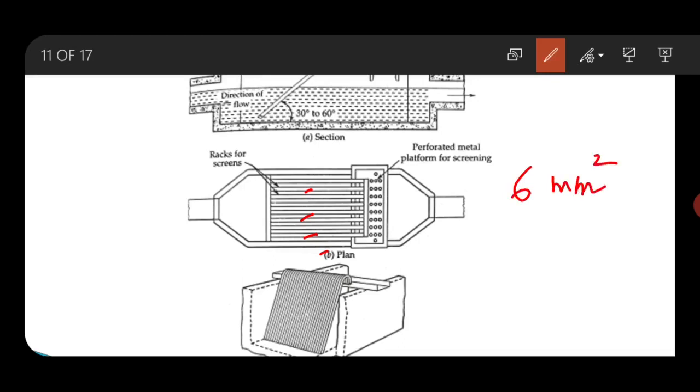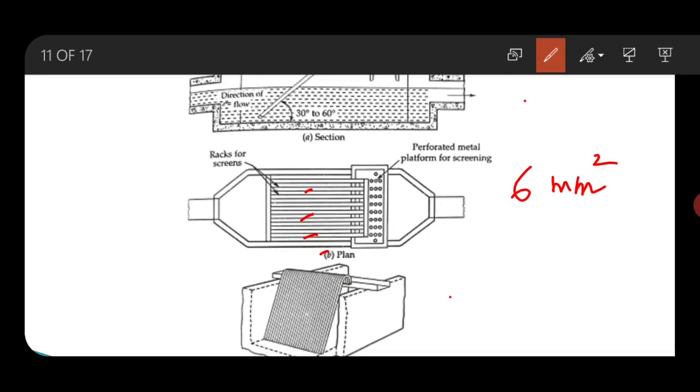The coarse screen will first remove the bigger floating bodies, and the fine screen then removes the fine suspended solids. The fine screens normally get clogged and have to be cleaned frequently. The fine screens are therefore avoided these days, and the finer particles are separated in the sedimentation process.